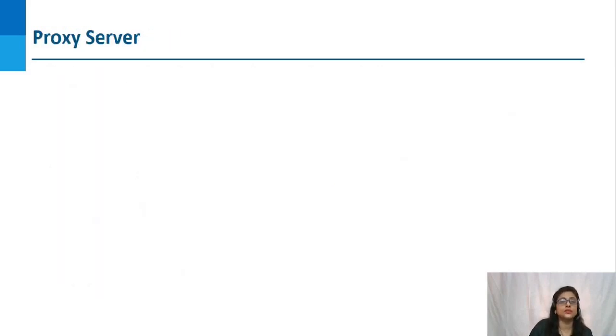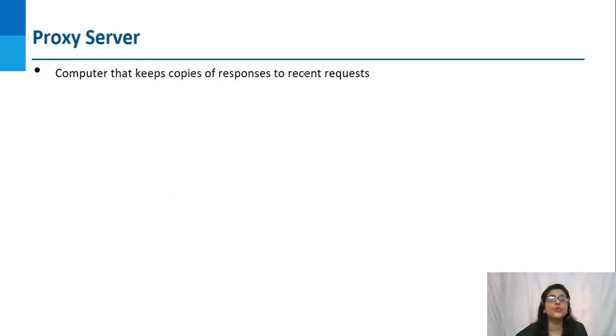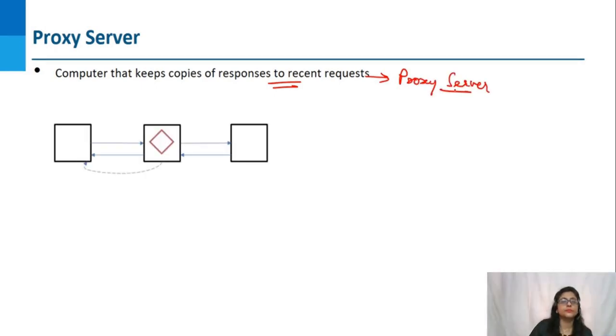What is a proxy server? The computer that keeps copies of responses to recent requests is known as the proxy server. If it is the client here, it should make a request.